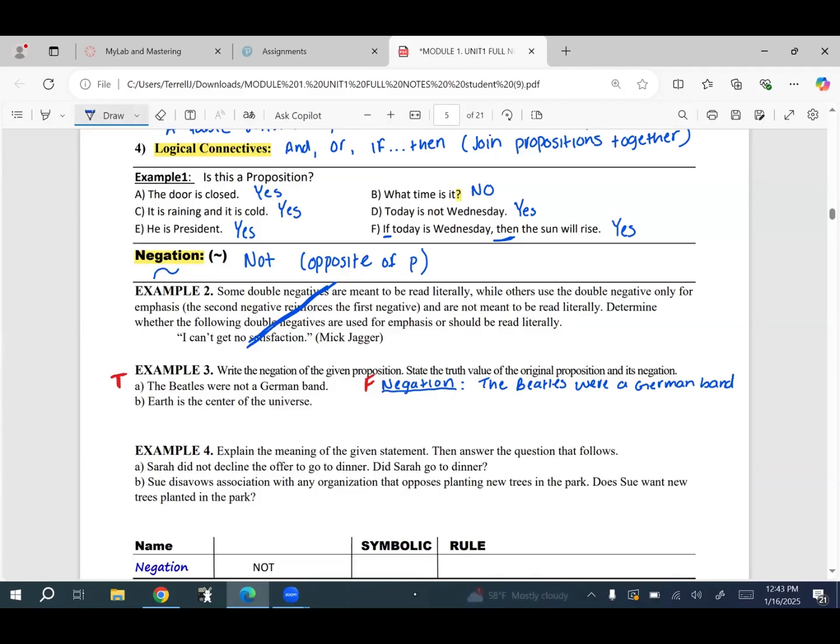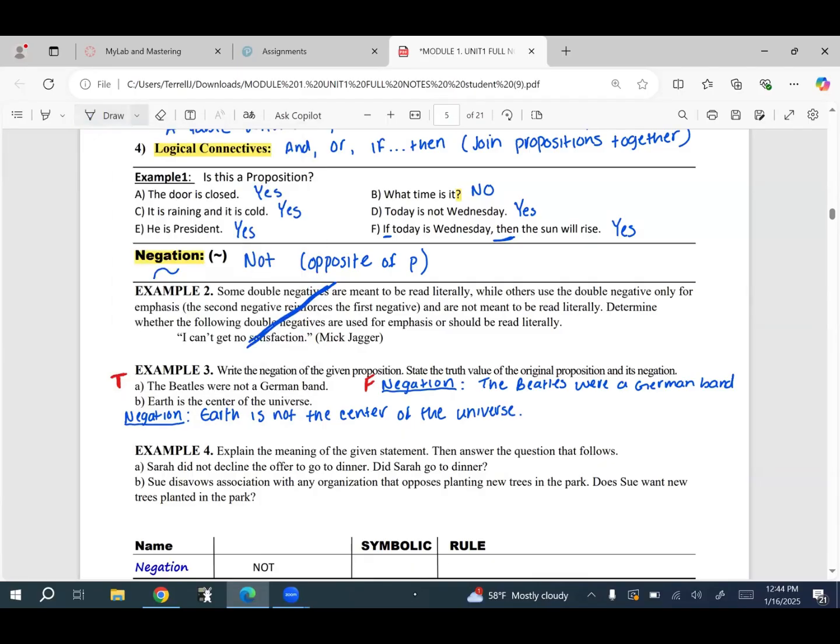This is the original proposition. Earth is the center of the universe. Earth is not the center of the universe. Okay, and then we want to state the truth values for each.